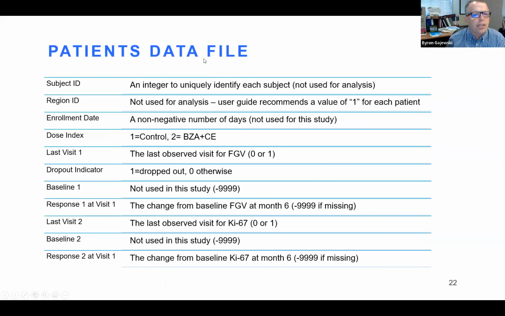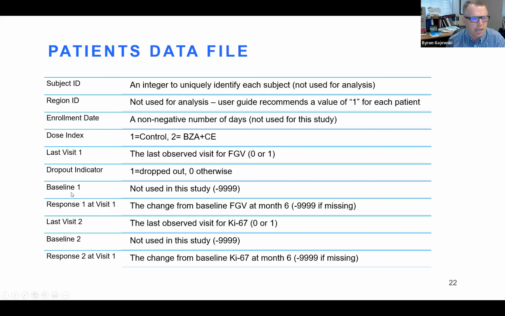So here's what the patient data file looks like in FACS. We have subject ID, region ID. Some of these aren't actually used directly; they're more like documentation. The things that are used directly in the analysis are the dose index, the last visit, whether it's 0 or 1, baseline or follow-up, and a dropout indicator, whether the participant dropped out or not.